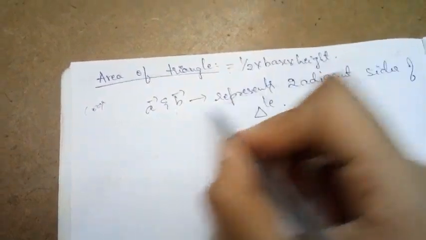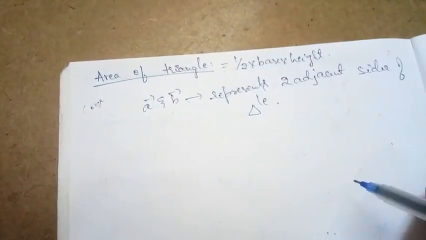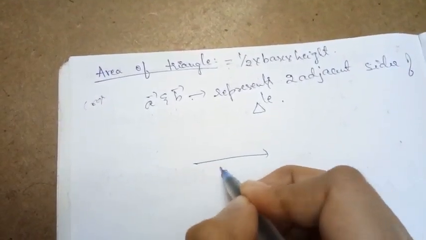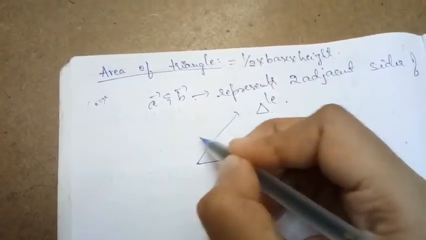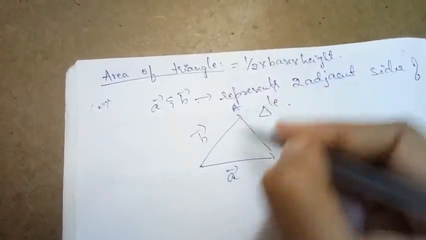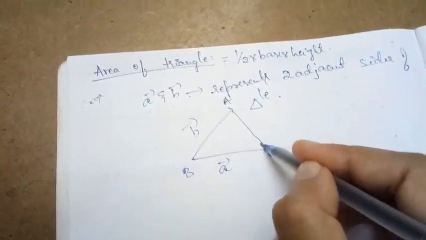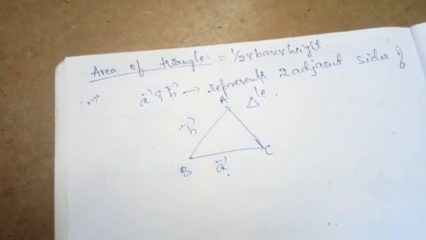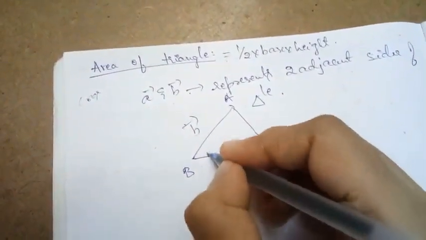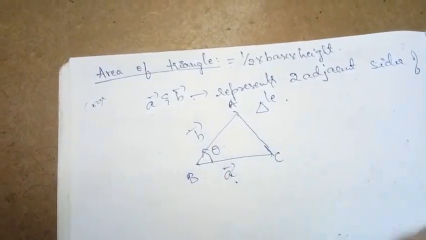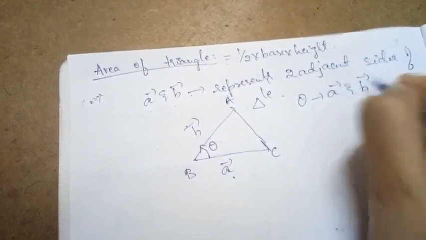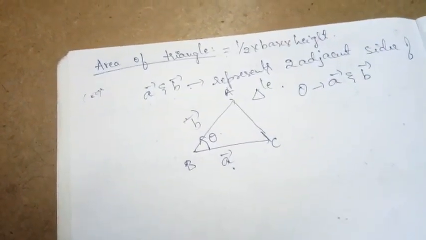Suppose I call this vector A and this one vector B, and this is our triangle ABC, where vector A and vector B represent our two adjacent sides of the triangle, and let theta be the angle between vector A and vector B.